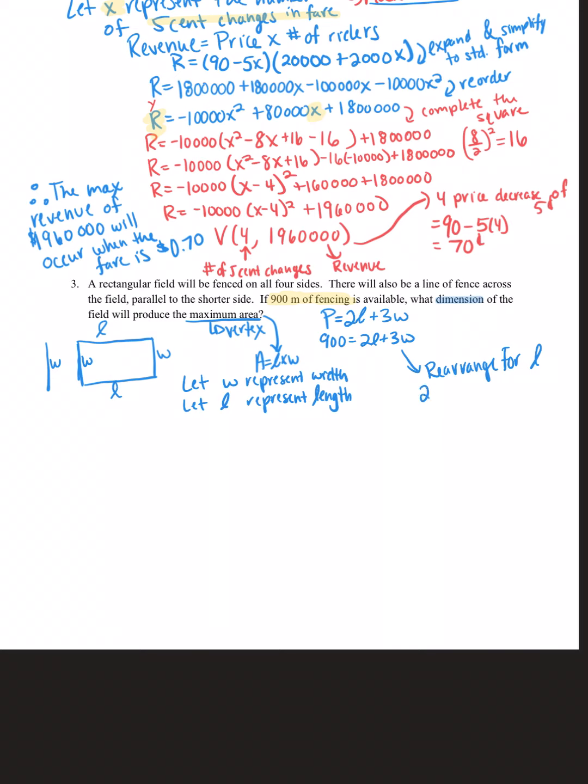So I could say 2L is going to equal 900 minus 3W. And then I could divide both sides by 2. So I would say 900 minus 3W divided by 2, which means my length is going to equal 450 minus 1.5W.